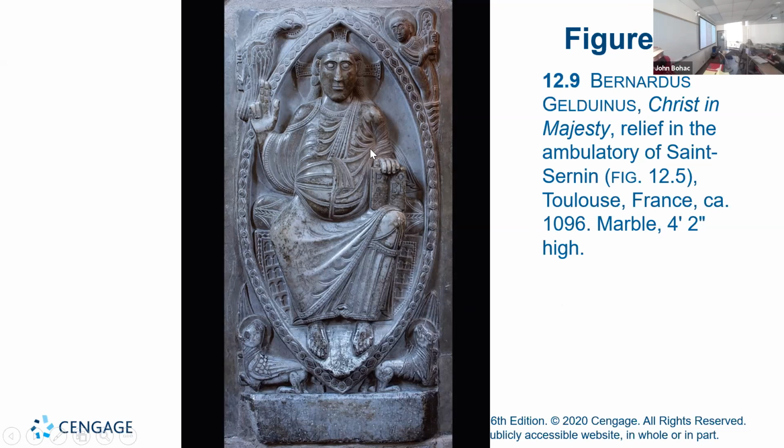And I'd like to point out yet another issue, and that is that this is Christ in majesty, Christ seated on a throne. And how do we know it's Christ? Well, a few indicators. The Holy Book, the sign of peace, the halo with the cross in it.